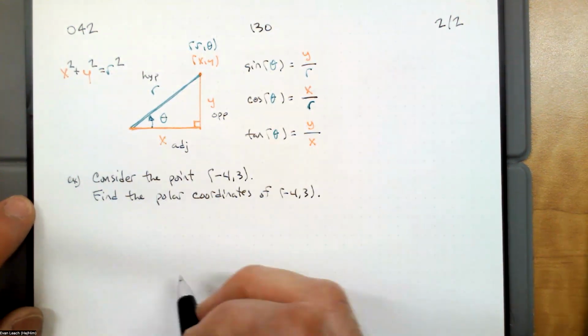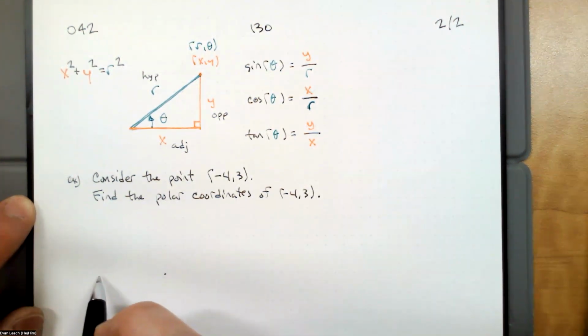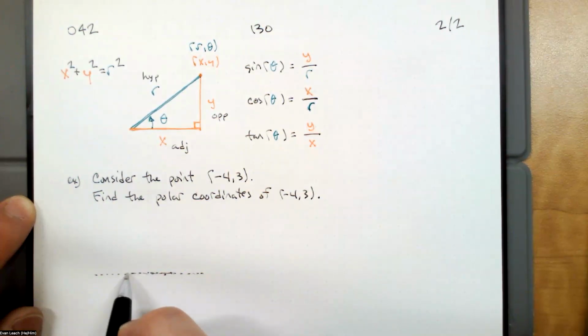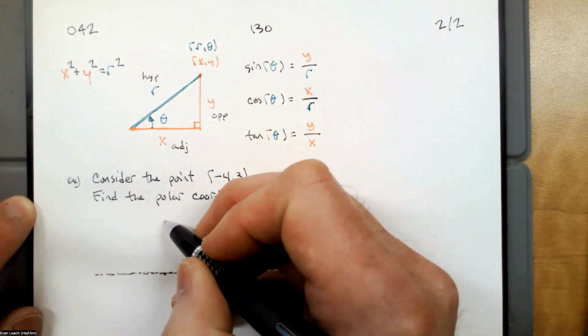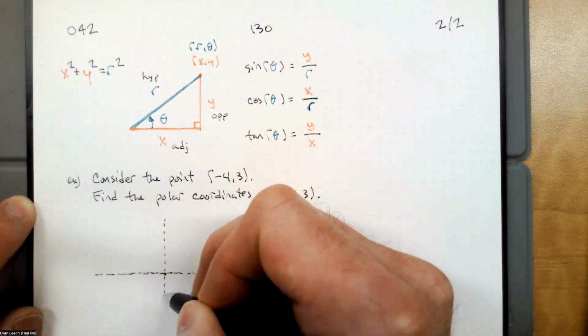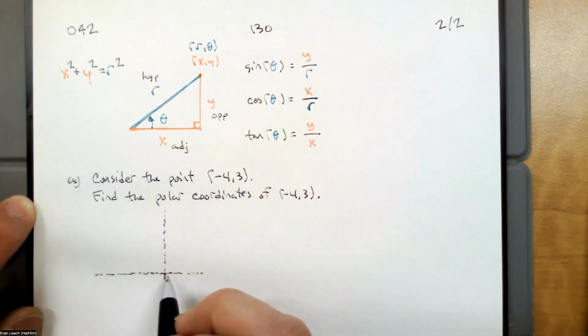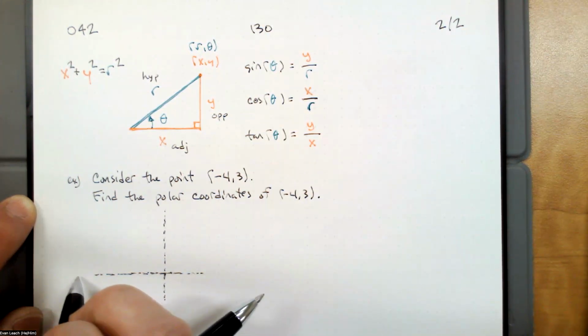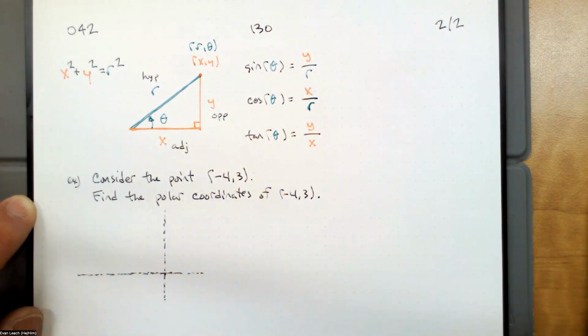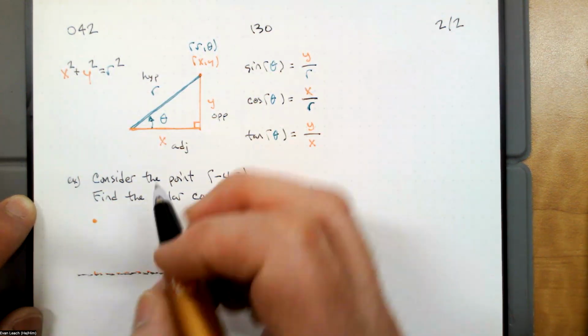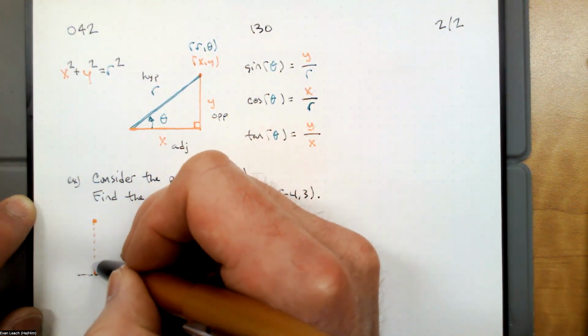So if I draw this point, if I go negative, I didn't put enough negative. So there's the point (-4, 3).